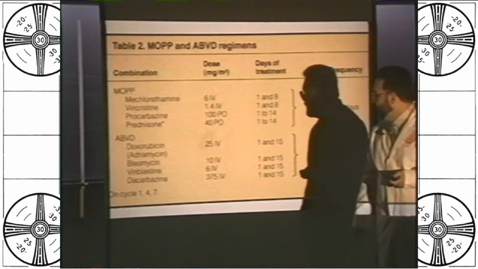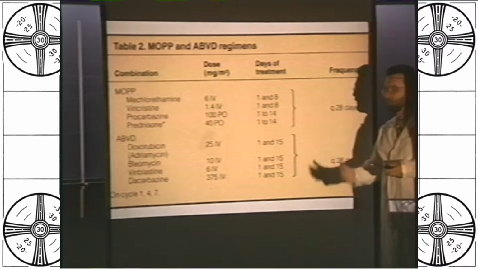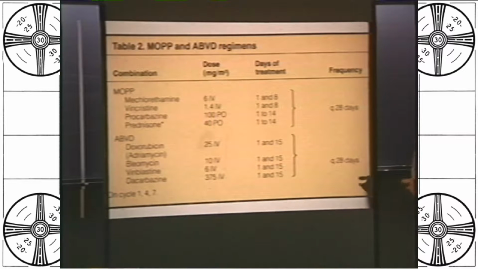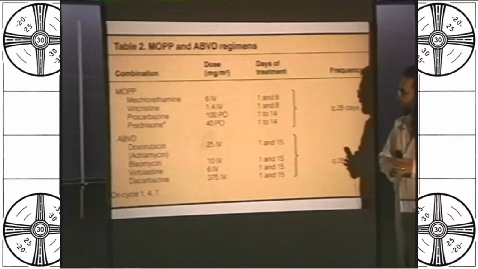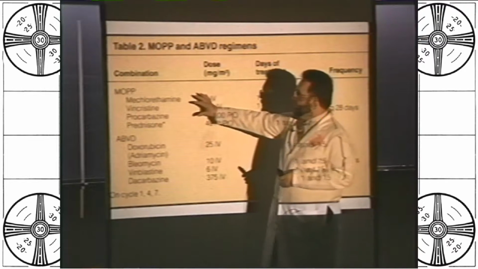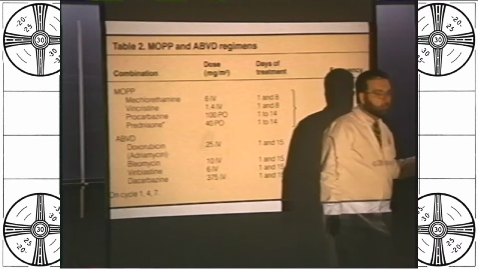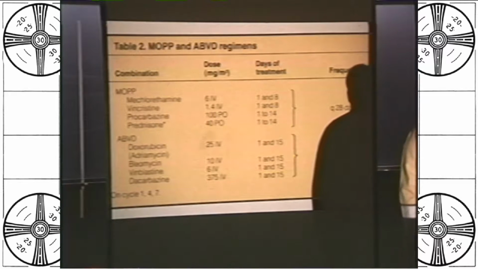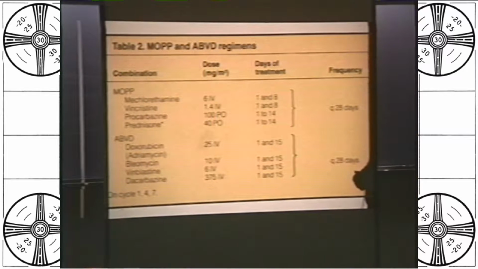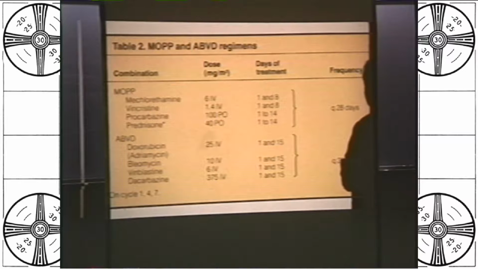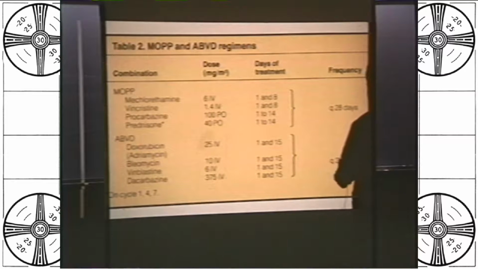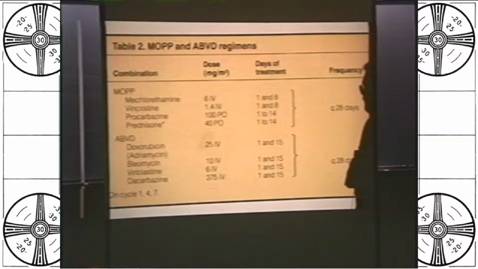The chemotherapy is not important. These things change every few years, and the reason I brought this slide is to remind you that the so-called MOPP chemotherapy was the first chemotherapy that was proven to be curative in any tumor. And it's nitrogen mustard, vincristine, procarbazine, and prednisone.